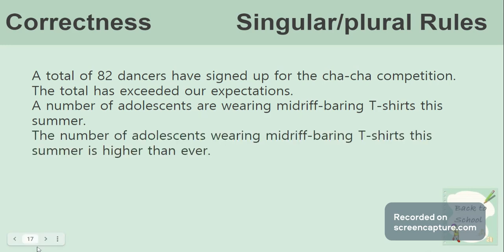The number of adolescents wearing midriff t-shirts this summer is higher than ever. For this one, ibig sabihin they are taken as a whole. That's why it's always is. The number is. A number are. A total of 82 dancers are. The total has. Okay? Please see that sequence, that pattern.